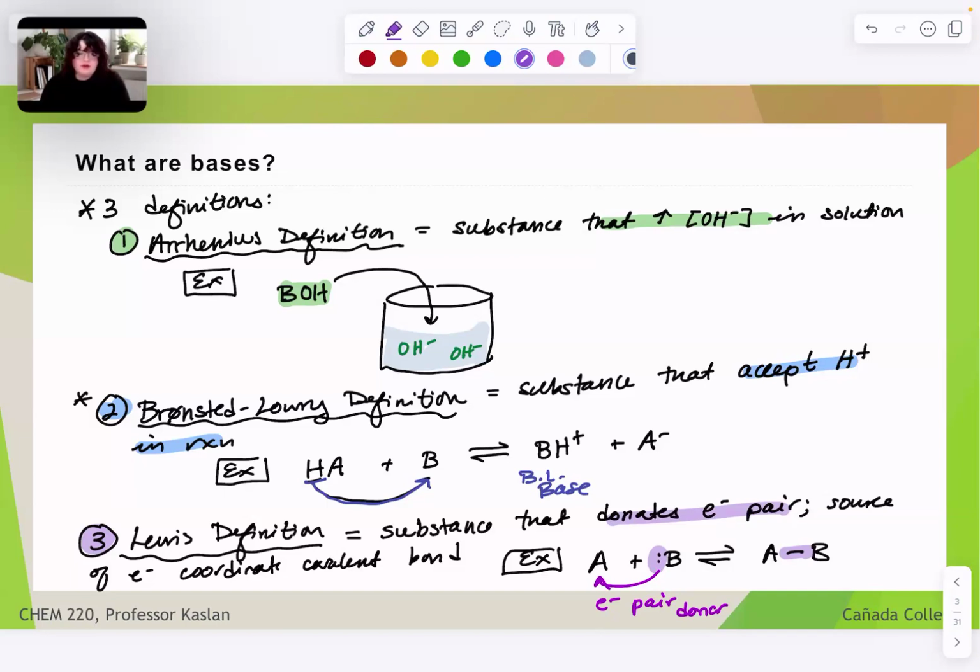So very, very similar definitions, just talking about who's either accepting or donating electrons, accepting or donating protons, or who's generating H plus or hydroxide in solution.